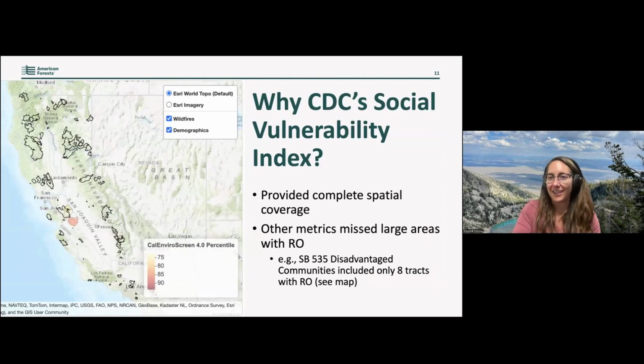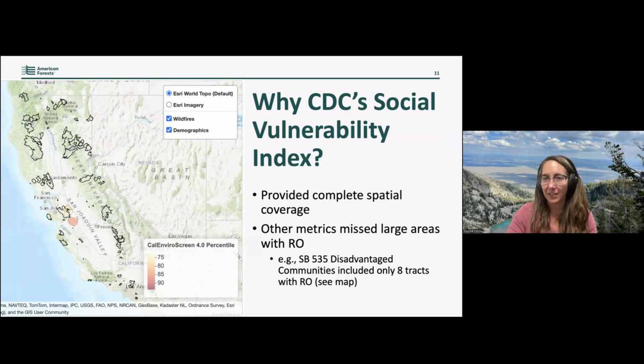So this is an example for the SB 535 disadvantaged communities. If you look at the fire perimeters that we included in this application, which are all of the black polygons across the map, you will see that there are actually only 8 disadvantaged communities that pop up and overlap with those fires.